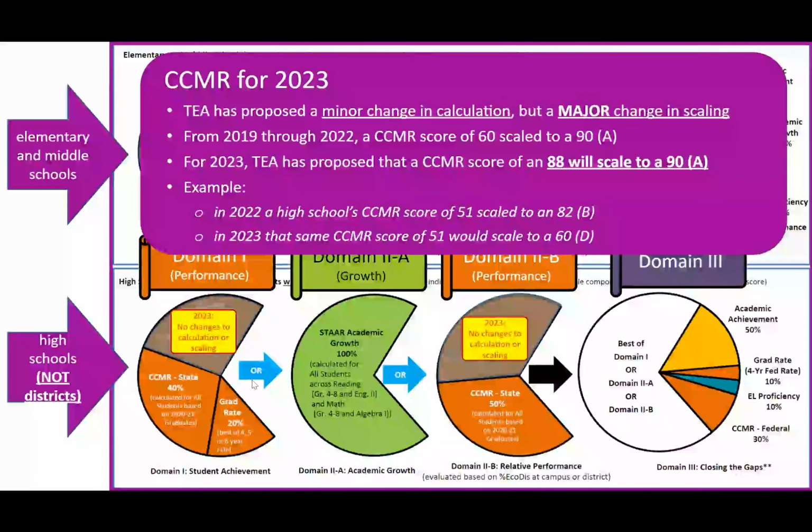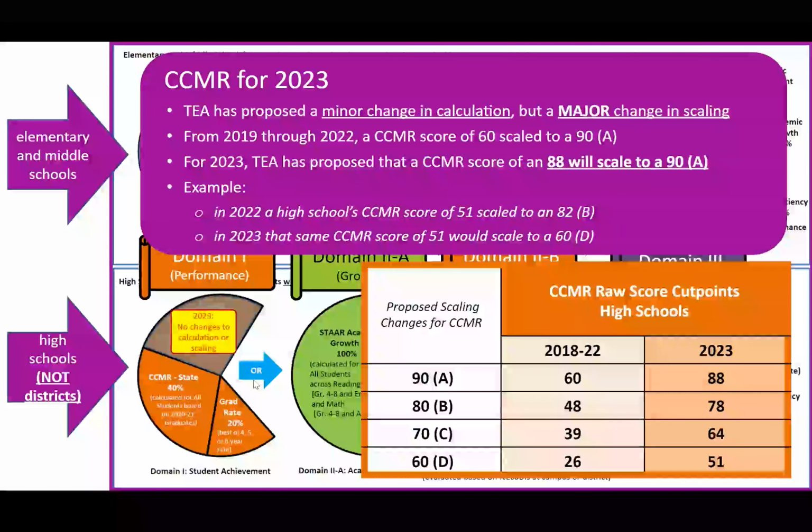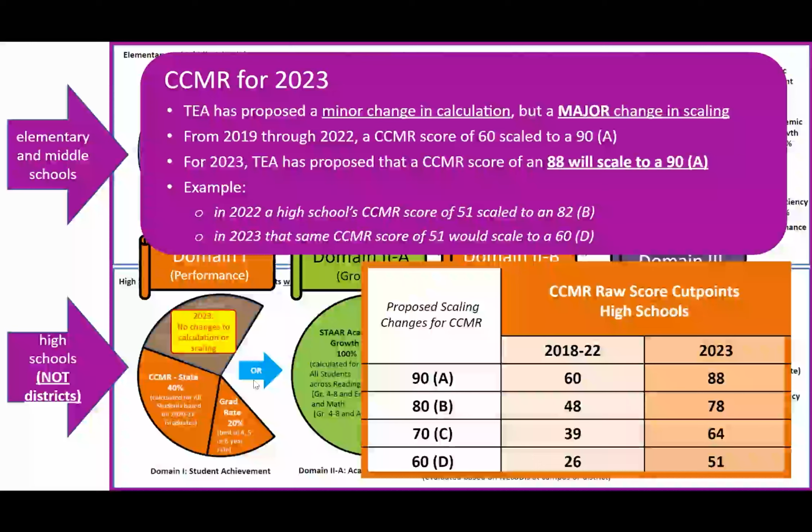So as you can see, it's a pretty significant change. We have given you a quick visual to see the breakdown of scaling methodologies between the last 4 years and this year. This is a significant change for our high schools and districts to take a look at.